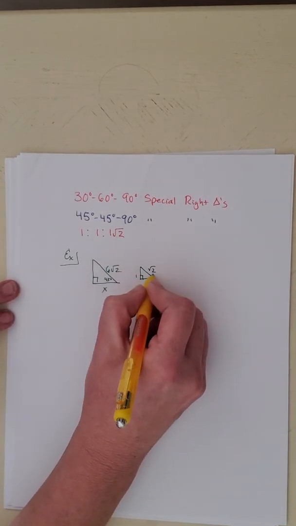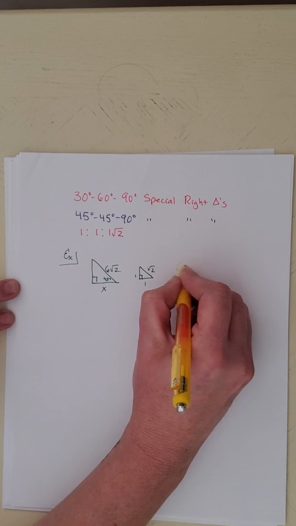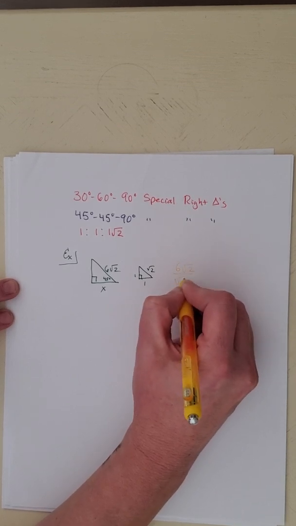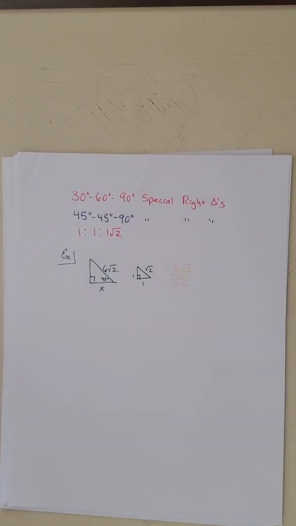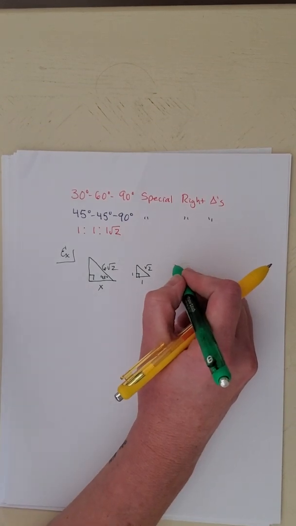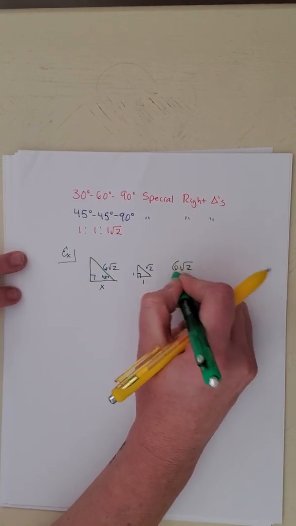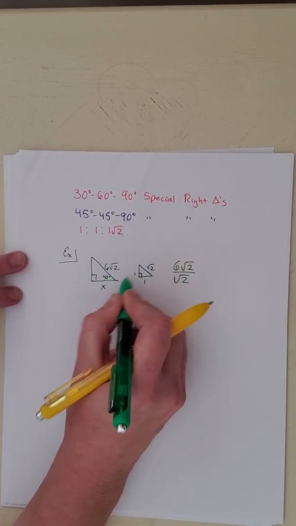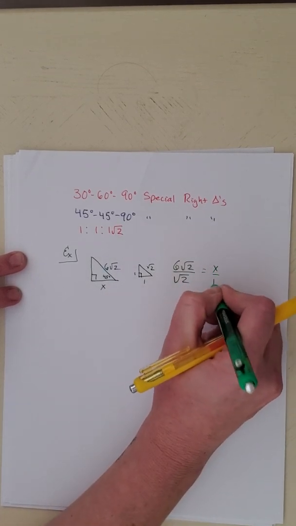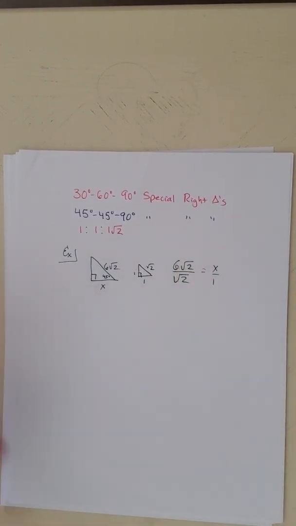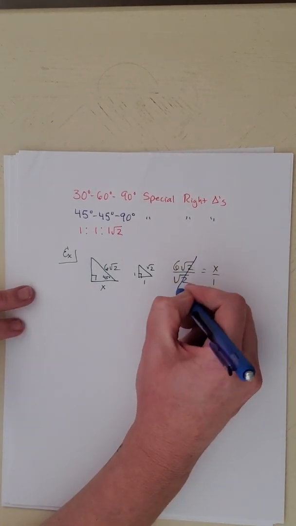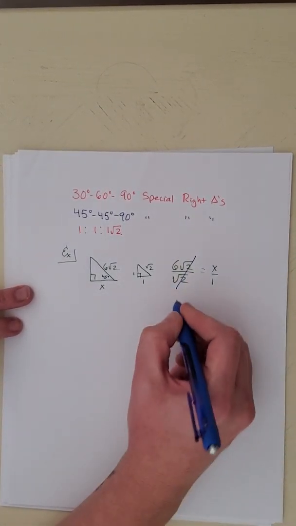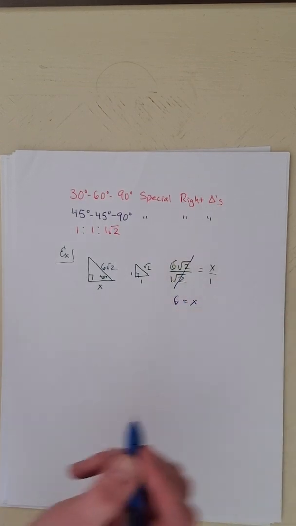So you can go 6 root 2 is to root 2 as x is to 1, and then solve this however you'd like. Generally we cross multiply, but I always check for simplification, like those radical 2's will cancel out, and so I get 6 is equal to x.